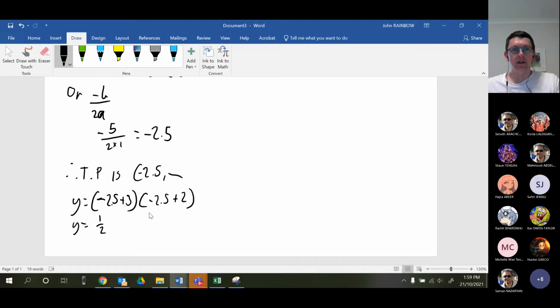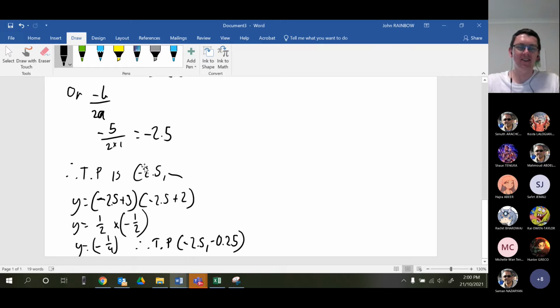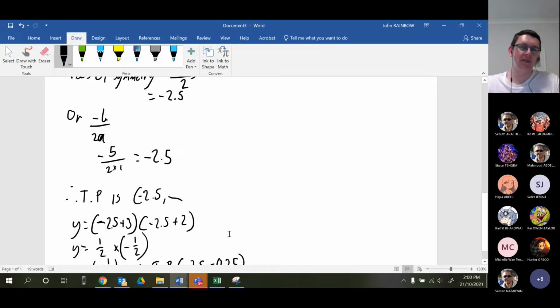And that's going to give me -1/2, and that's going to give me -1/4. So therefore, my turning point is -2.5, -0.25. I'll just write it in decimals. I could have written that in fractions.